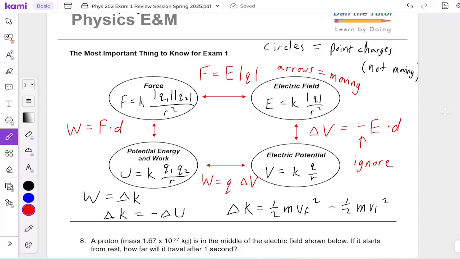Like, for instance, from point A to point B. Find the change in electric potential as the proton moves from point A to point B. This is when you'd use, for instance, this equation. Or maybe this equation. Depends on the problem. But we're going to do some problems now, so we'll get better at it.